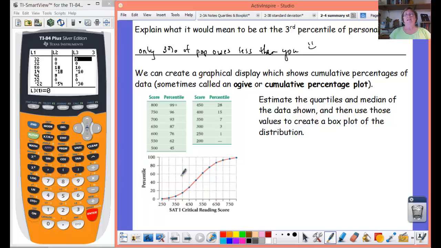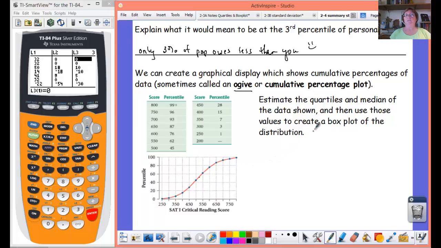We are going to end our lesson today by looking at a type of graph that can show cumulative percentages, like percentiles. This is called an ogive, which is a weird word. What they want us to do is estimate, it says, the quartiles and median. Our job is to create a box plot that shows this distribution, and the claim is that you can get it from this ogive, which shows cumulative percentages as you go through this graph.